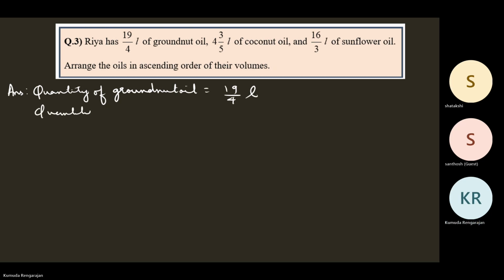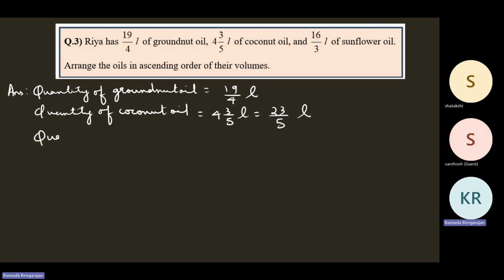Quantity of coconut oil is equal to 3 by 5 liters, which is 5 fours are 20, 23 by 5 liters. Then quantity of sunflower oil is equal to 16 by 3 liters.